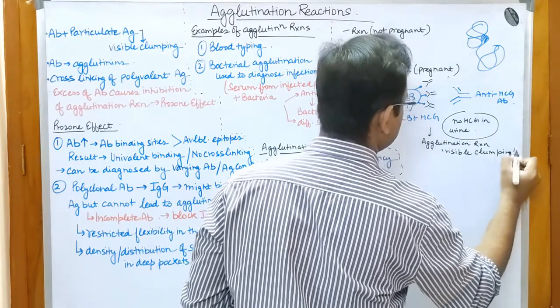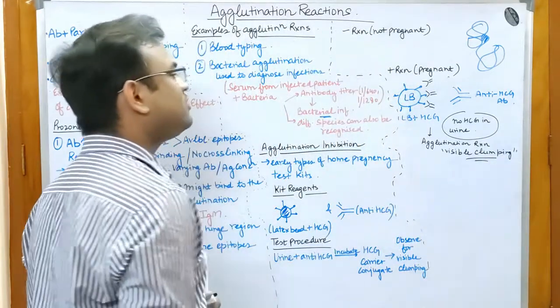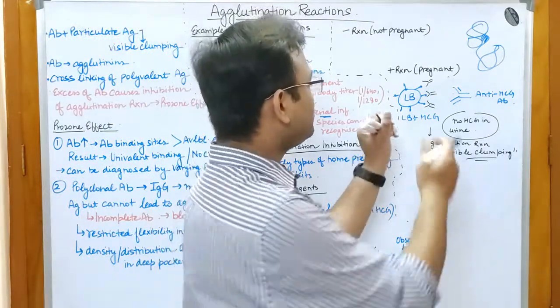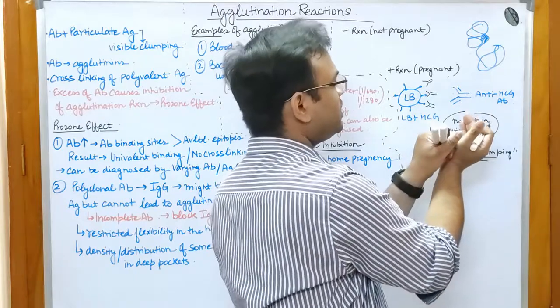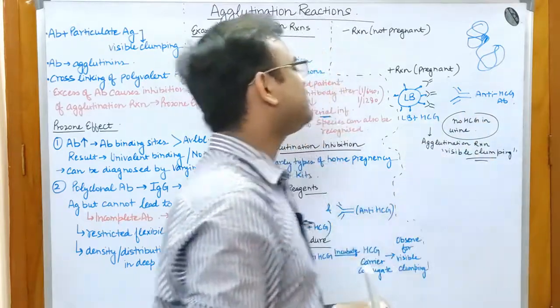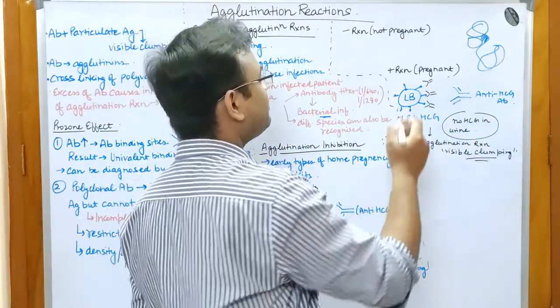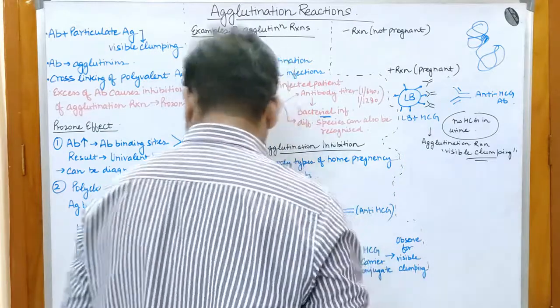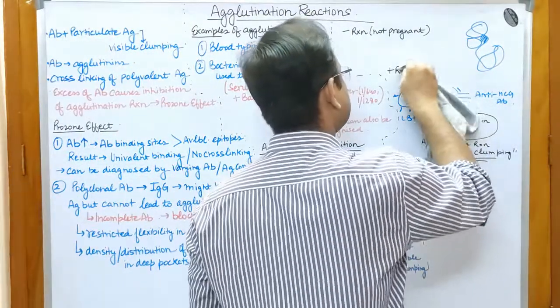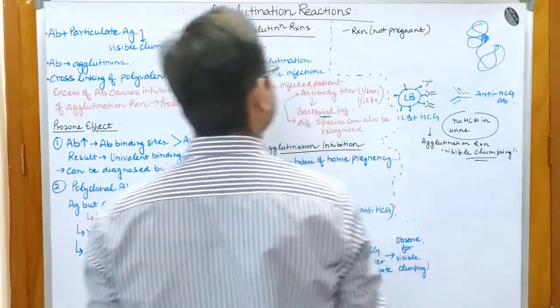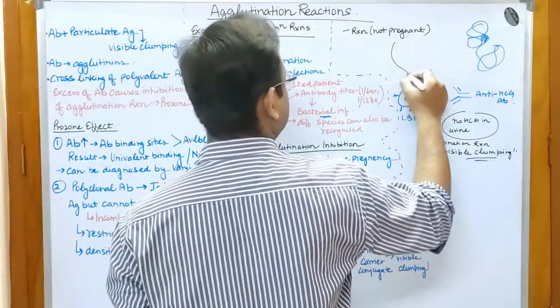So you would see a visible clumping if the female is not pregnant. Why? Because the latex bead plus HCG and the anti-HCG antibody combine together and agglutinate. This is the case where the female is not pregnant.